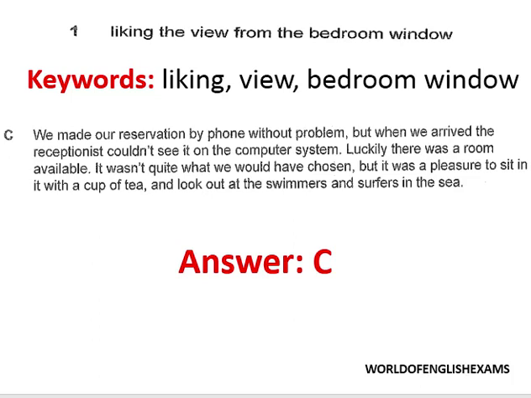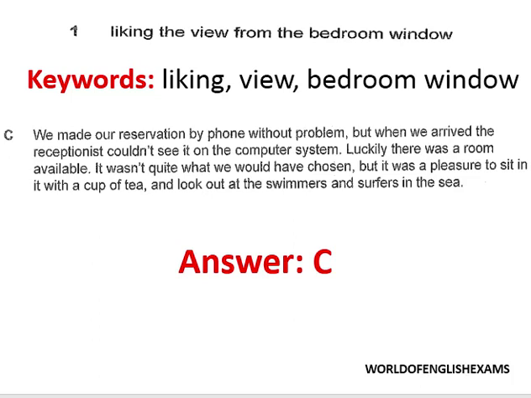We made our reservation by phone without problem, but when we arrived, the receptionist could not see it on the computer system. There is nothing about the room. Now let's continue reading. Luckily, that is fortunately, there was a room available. It wasn't quite what we would have chosen, but it was a pleasure to sit in it with a cup of tea and look at the swimmers and surfers.